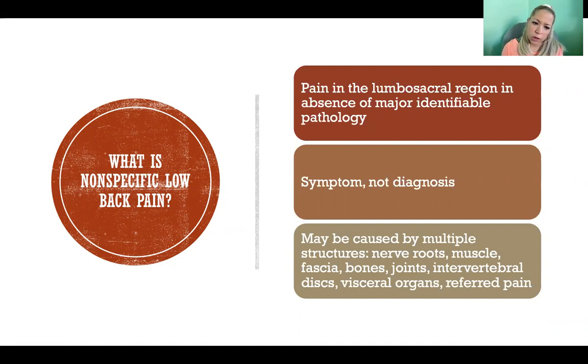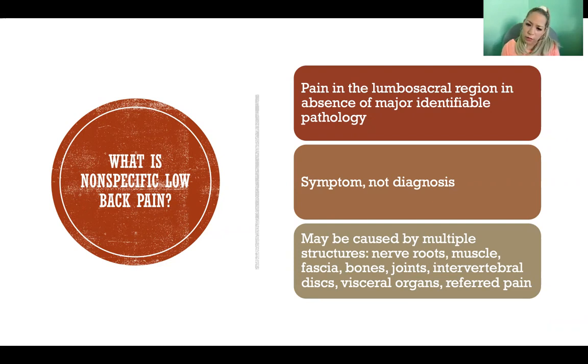And so non-specific low back pain really includes everybody with low back pain where we can't figure out exactly what's causing it. It can be caused by a combination of structures. So it could be nerve roots, muscle, fascia, bones, joints, intervertebral discs, and visceral organs can even be referring pain to the low back or located directly in that region.